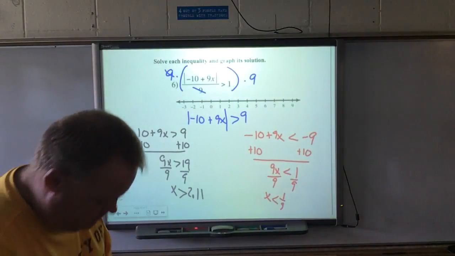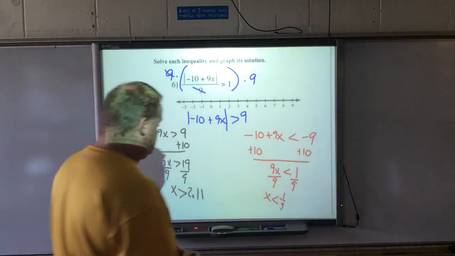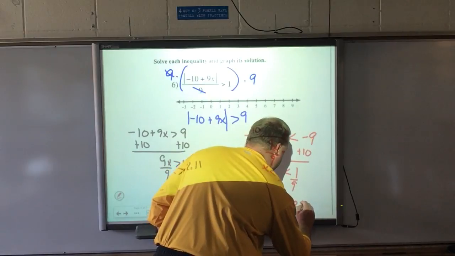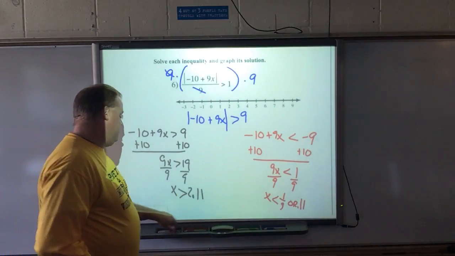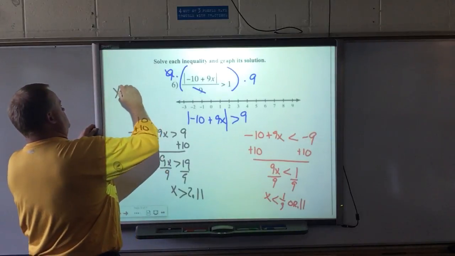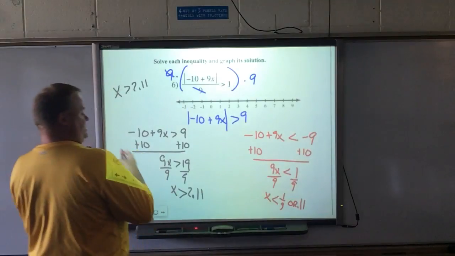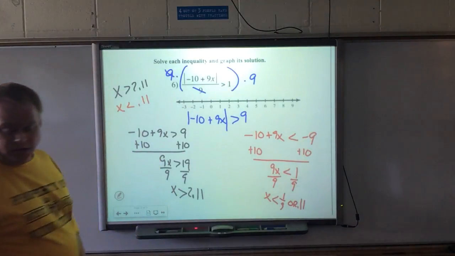In decimal form, that is going to be just 0.11. Alright, so I have x is greater than 2.11, and I have x is less than 0.11.